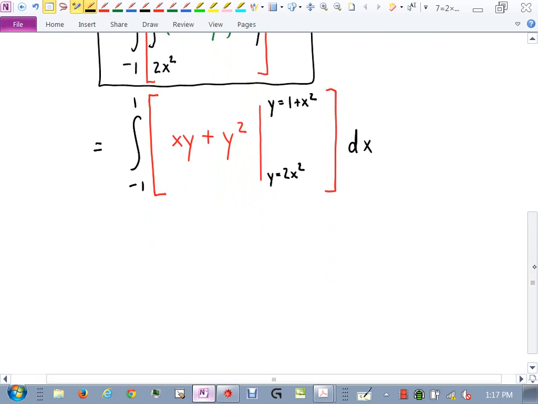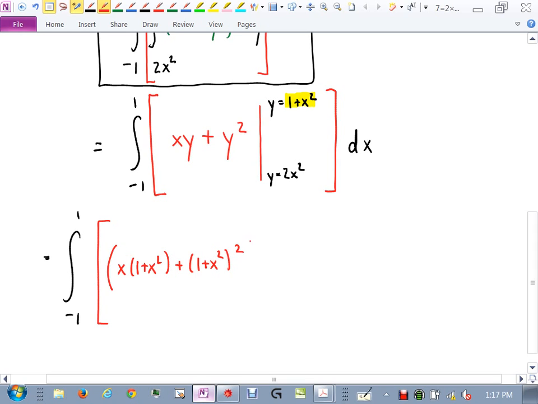Okay, so now what we would need to do is first plug in 1 plus x squared for y. If I do that, I would get x times 1 plus x squared, and then plus 1 plus x squared, squared. So that's what I get when I plug in the upper limit of integration.